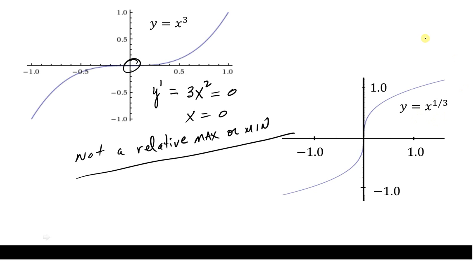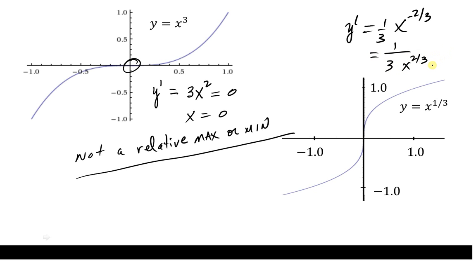For the second example, we see that y prime is equal to 1/3 x to the minus 2/3, which is equal to 1/3 x to the 2/3 in the denominator.